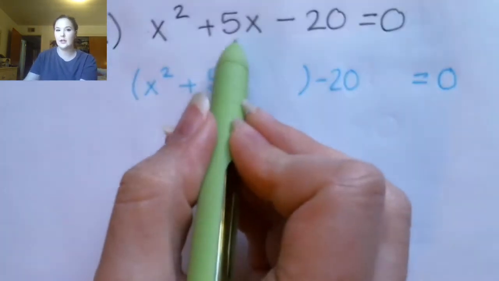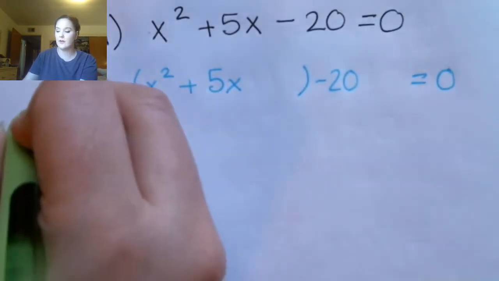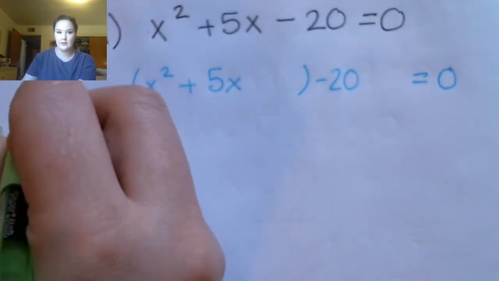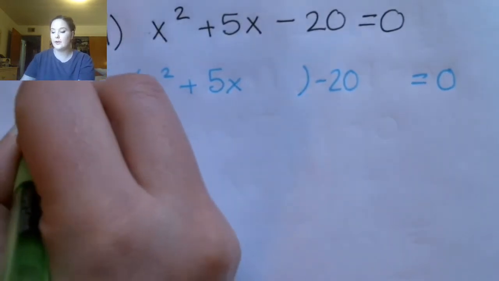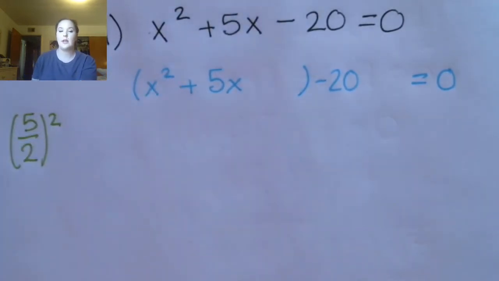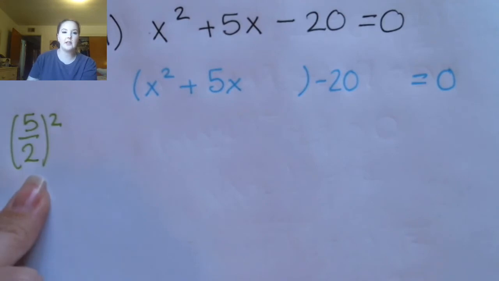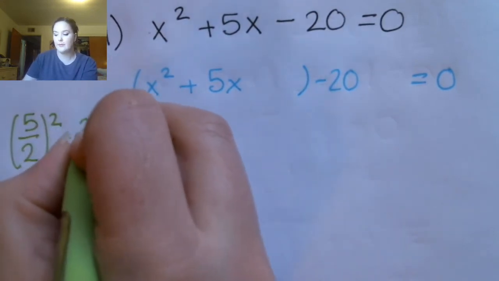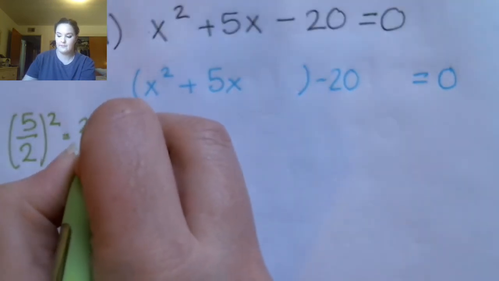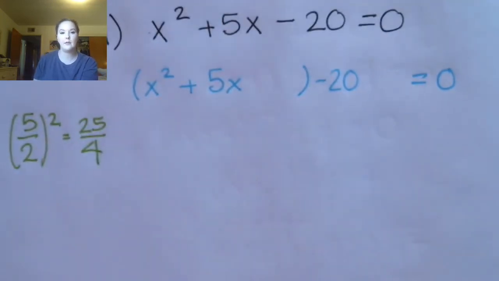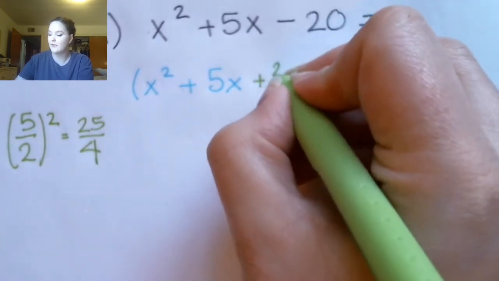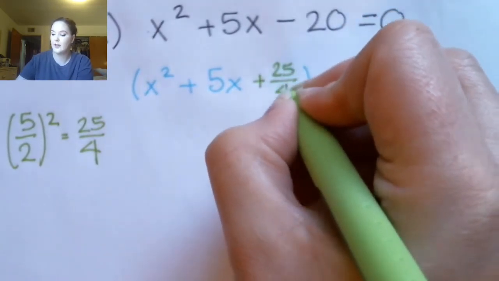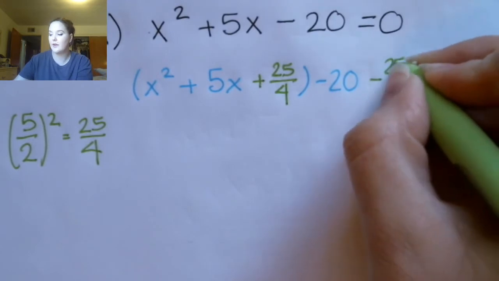So we're going to take our coefficient of x, which is 5, and I'm going to divide it by 2, and then I'm going to square it. Now 5 doesn't divide evenly by 2, so I'm just going to square this top and bottom. So this is my number that I need to add, so I'm going to add 25 over 4, and I'm going to subtract 25 over 4.